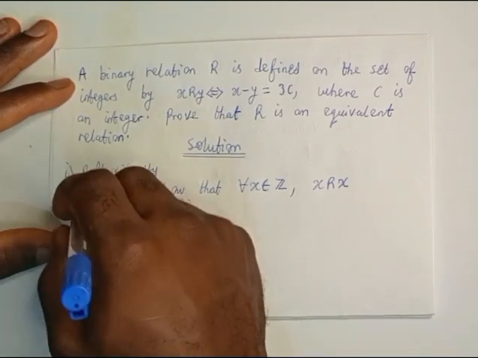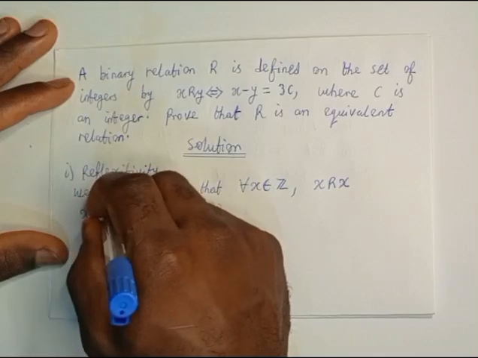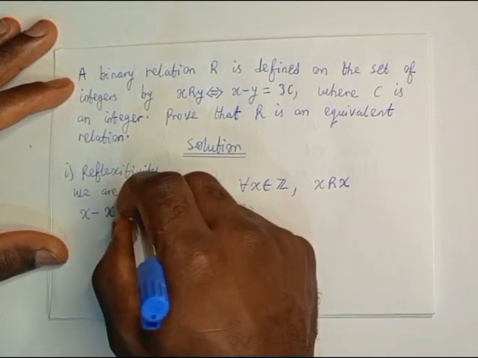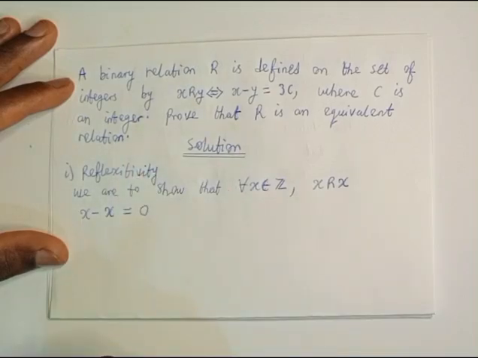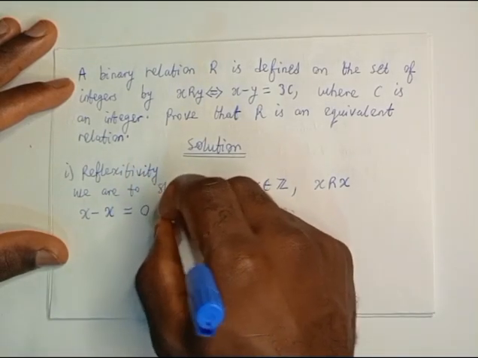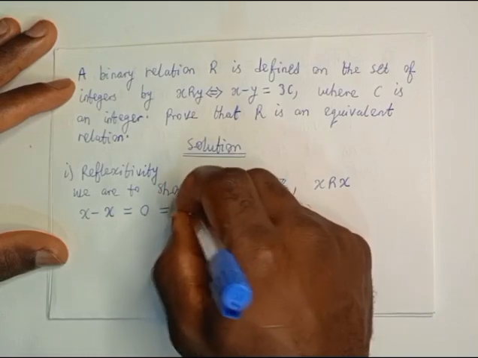Now, x minus x for every x from the set of integers is simply equal to 0. 0 can be expressed as 3 times 0.